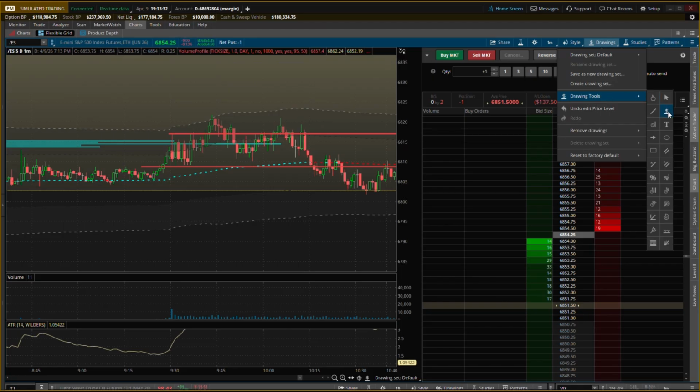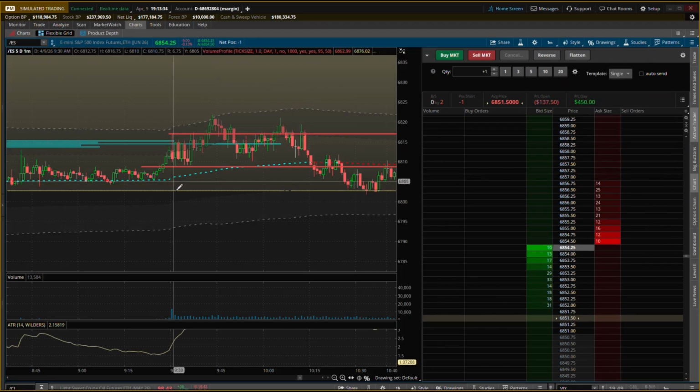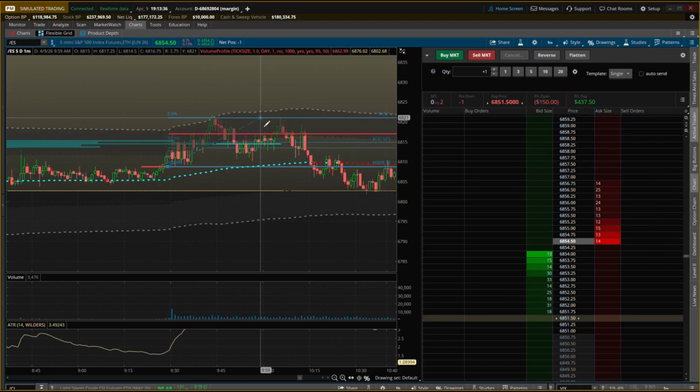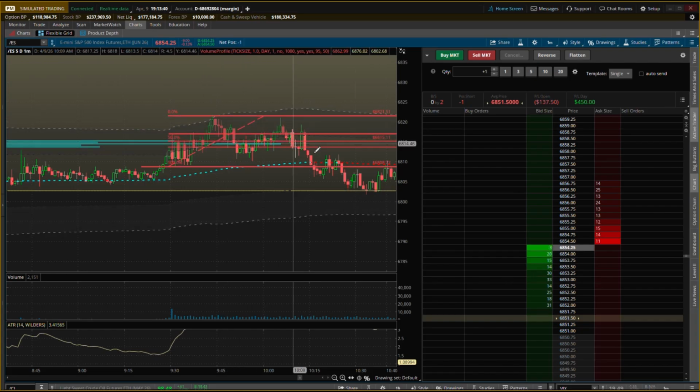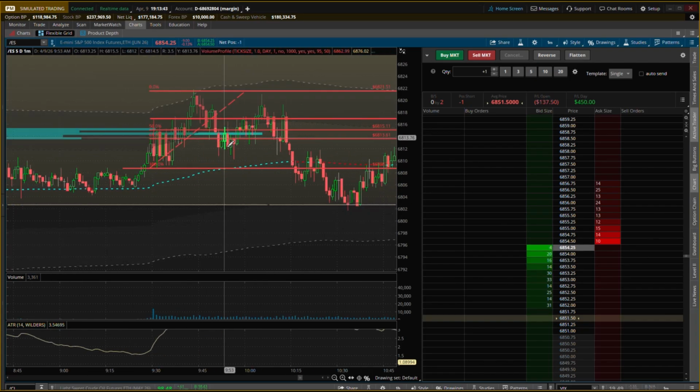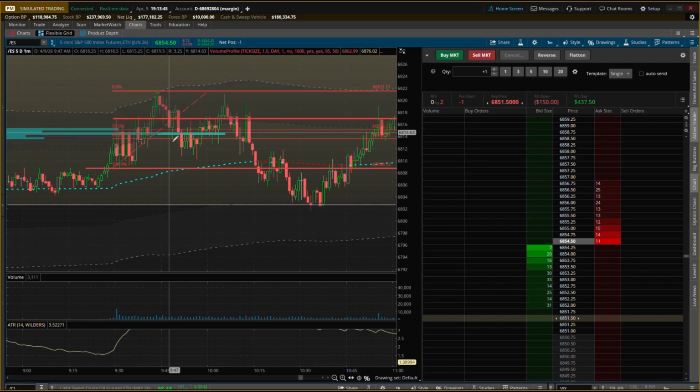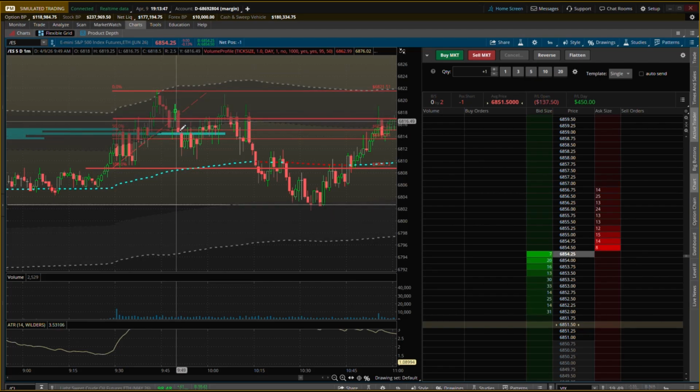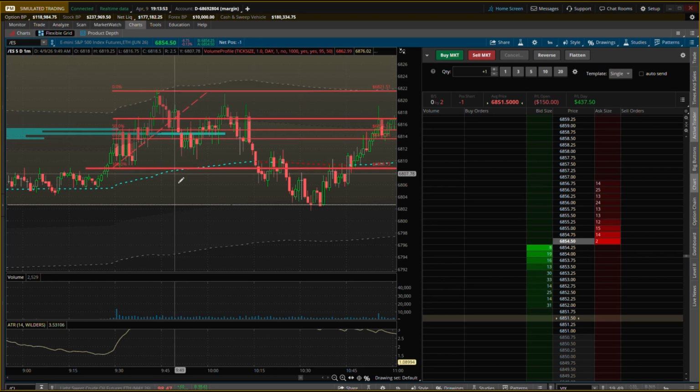And if we go back to the fib tool, you'll see that we had a 50% retracement here and a bullish reaction from that retracement. So I bought. I decided to sell once we had hit below the 61.8% area for the fib retracement.